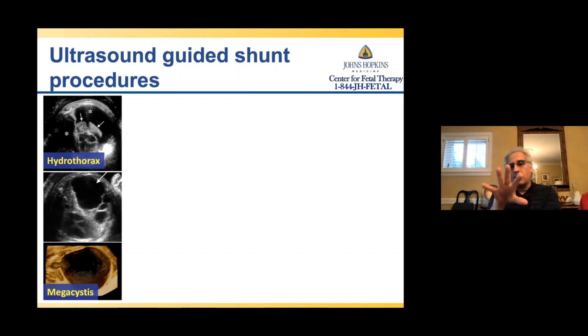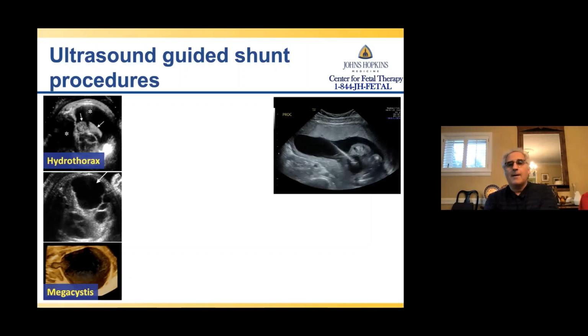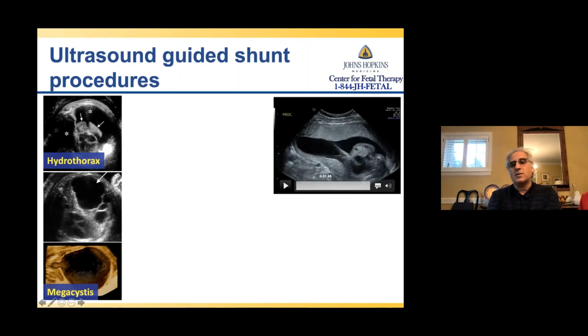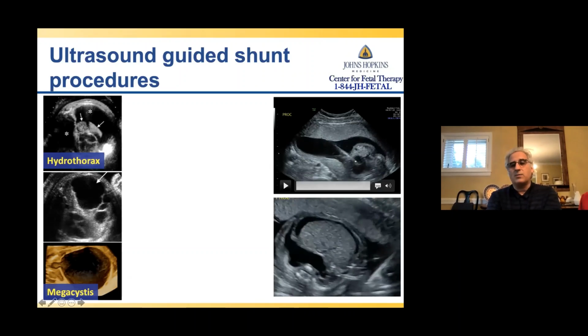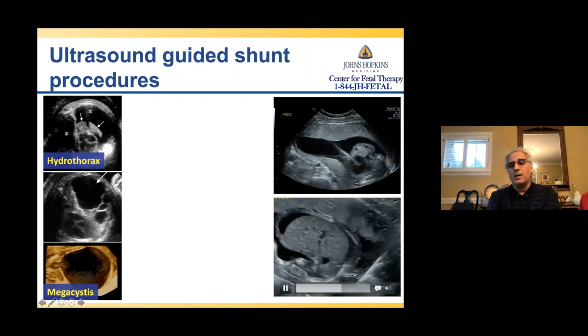All of these conditions share one therapeutic avenue in common, which is basically that you put in a diverting shunt. And these are typically inserted under ultrasound guidance. These shunt introducers are larger than needles because something has to be passed through them. And once you are in there, you deploy the shunt.